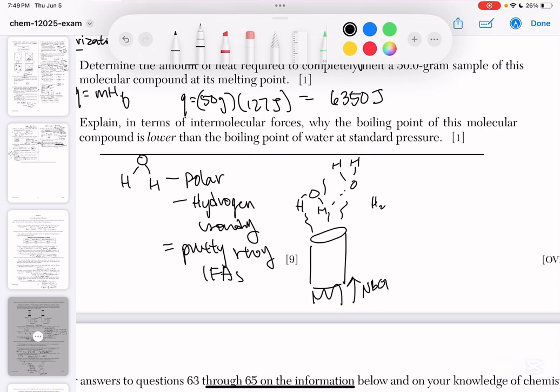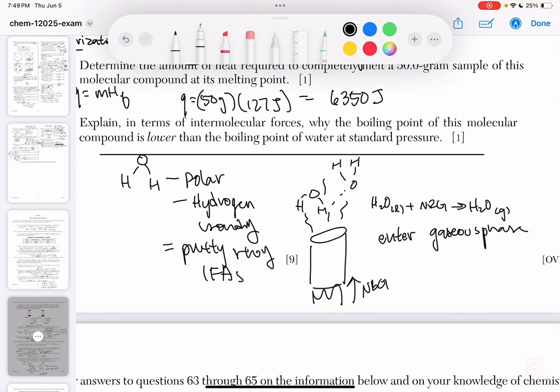Because even when you're just boiling water for tea or to make pasta or something, you're putting it on a stovetop or in a kettle. So it's giving the liquid water energy to overcome its intermolecular forces and enter the gaseous phase.